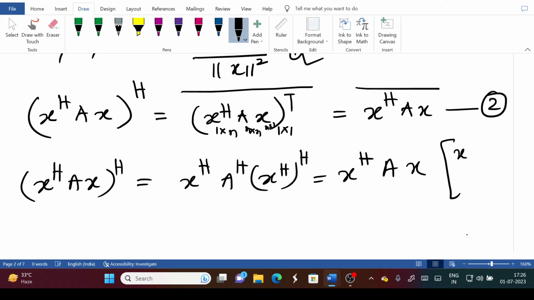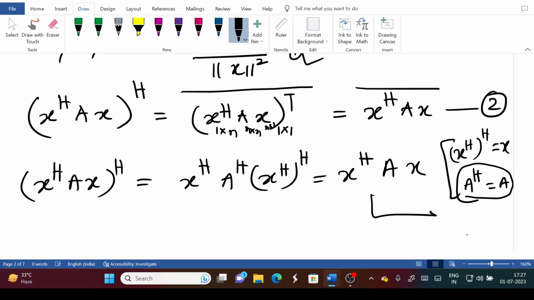Here two conditions we have applied: x^HH is equal to x and A^H is equal to A. Because of Hermitian this happens, and it is a general property. So now what did we get?